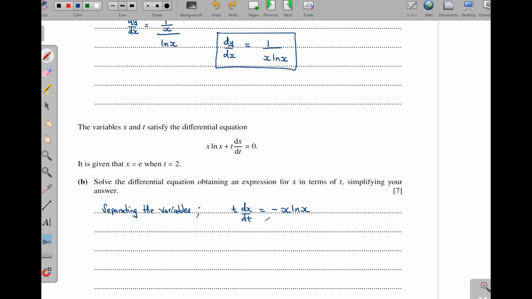When we cross multiply, you can see that this part will come down here, and then the dt would go up there. Okay, so we shall have dx, then out of x natural log of x. Okay, then this one will be equal to negative, then dt, but then you are going to divide all through by t. That is that. Then after, we are going to integrate.